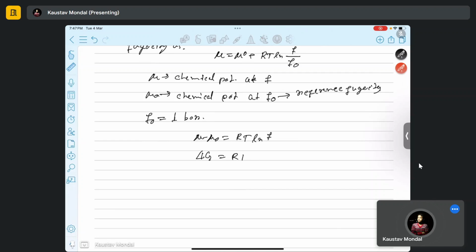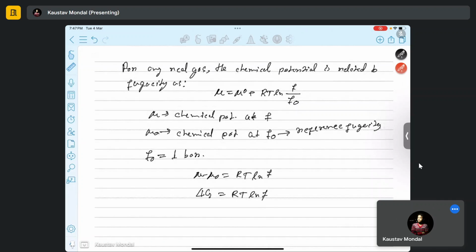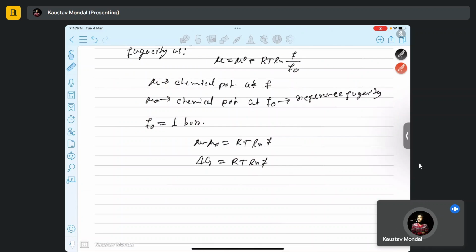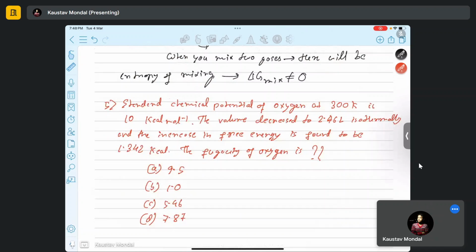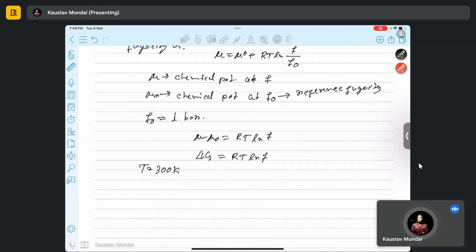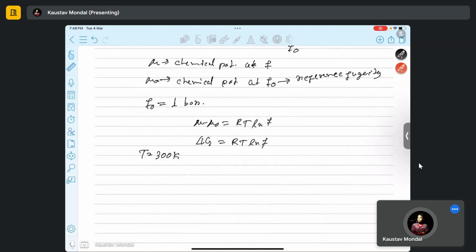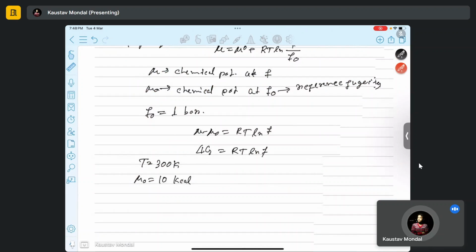Delta G is RT ln F. Okay, so this formula we are going to use for this problem, because in the problem itself, as you can see, the temperature is given. Temperature is 300 Kelvin, right? Standard chemical potential is also given at that particular temperature, and that value is 10 kilocalorie per mole. Okay, so mu naught is simply 10 kilocalorie per mole.